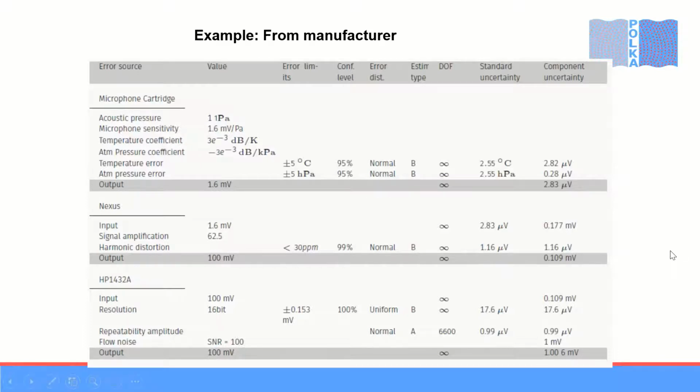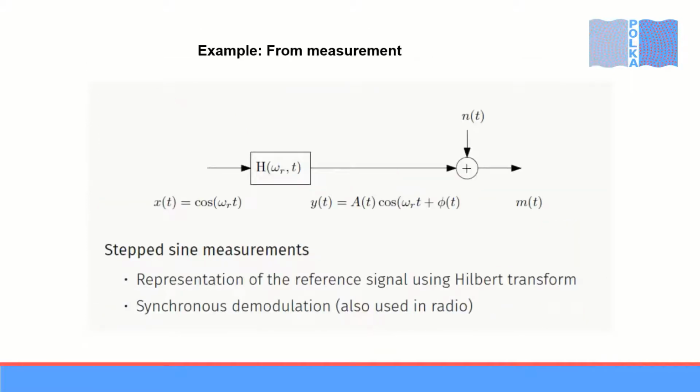So you could do a detailed analysis and try to find the errors that you could get based on temperature or atmospheric pressure or other things in the different outputs from different parts of your system. From measurements, that could be the pressure measurements at the microphones, and then you can try to estimate the standard deviation using the experiments.